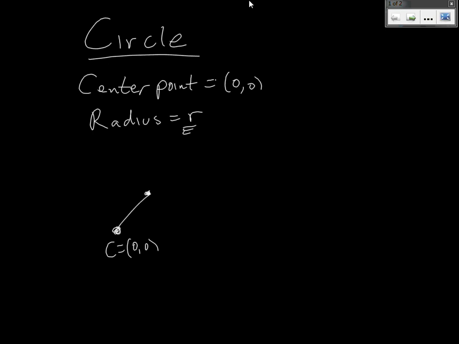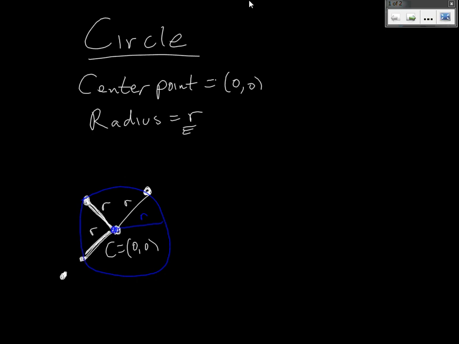This point gets to be on the circle because the distance from the center is R. The distance from this point to the center is R. This point gets to be on the circle because the distance between that point and the center is R. This point gets to be on the circle because this distance is R. This point does not get to be on the circle because the distance from this point to the center point is not R. In fact, all of these points are R units away from the center.